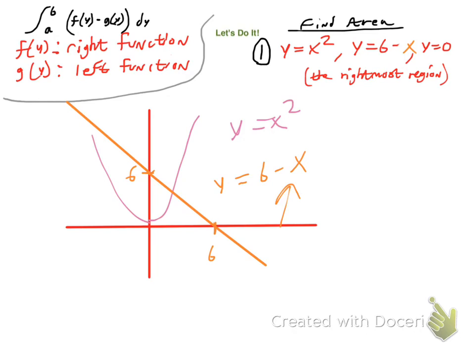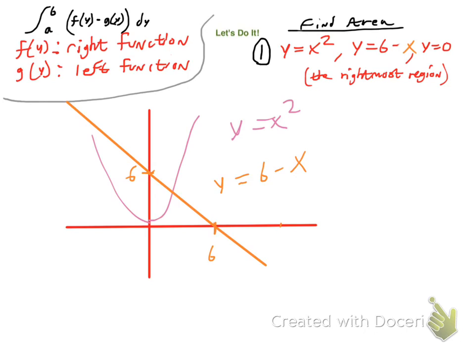For all you people who were confused, and even for the people who weren't. When you plug 0 in, not for x, but for y, what do you get? You get 6 for x. So yeah, the x-intercept is 6. That was the whole point.